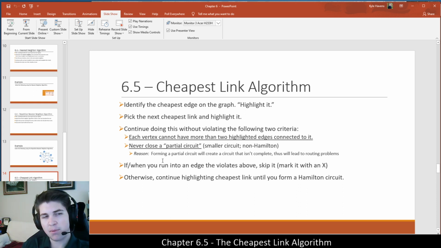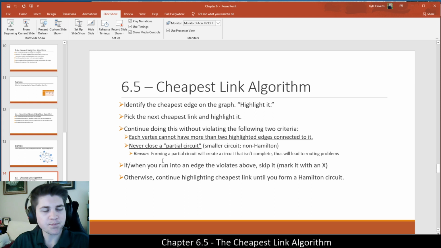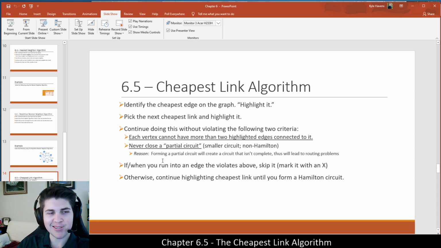The reason that this is not perfect also is because following exactly these steps is not. We're going to also kind of box ourselves into a corner in terms of not being able to find exactly the perfect solution. Kind of like how in the nearest neighbor algorithm we were sort of forced to use some undesirable edges at the end.